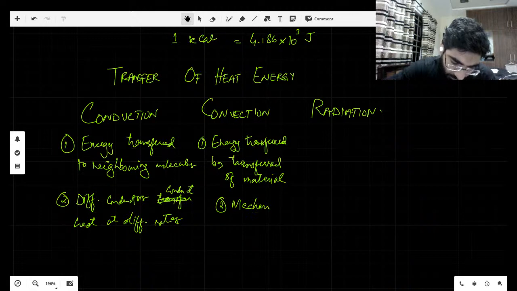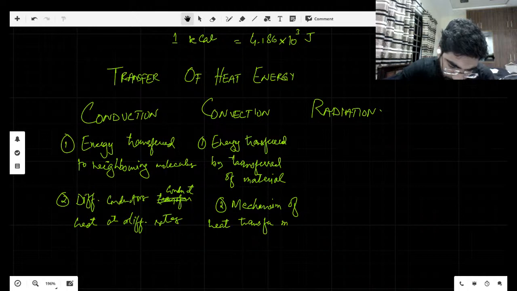So this mechanism of heat transfer makes use of principles of pressure.